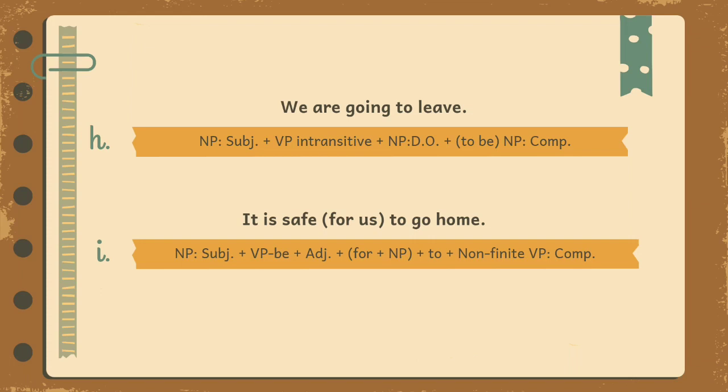Noun phrase as subject, verb phrase intransitive, noun phrase as a direct object, optional to be, and a noun phrase as a complement. I. "It is safe for us to go home." Noun phrase as subject, verb phrase with be, adjective, optional for, plus noun phrase, plus to, plus non-finite verb phrase as a complement.